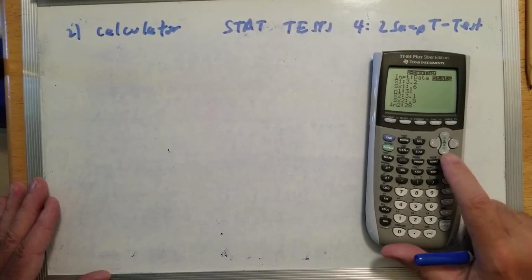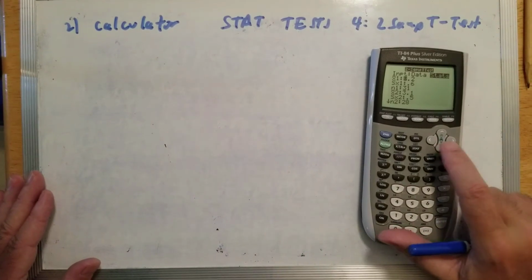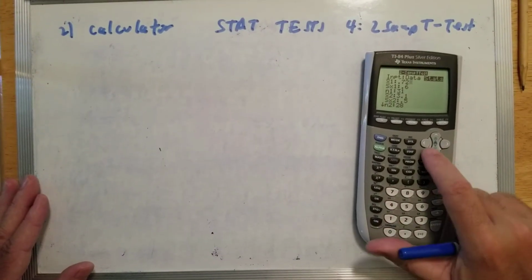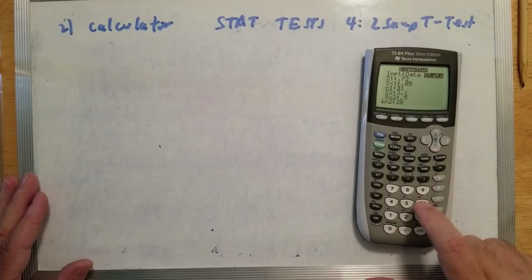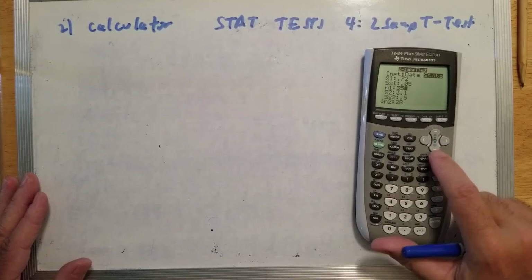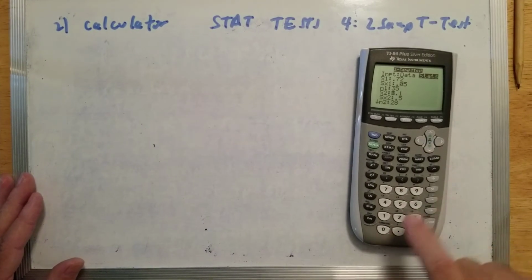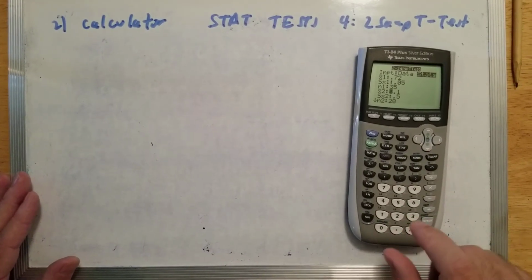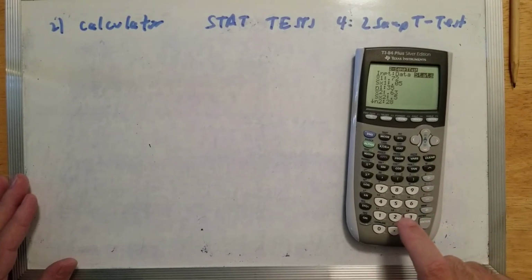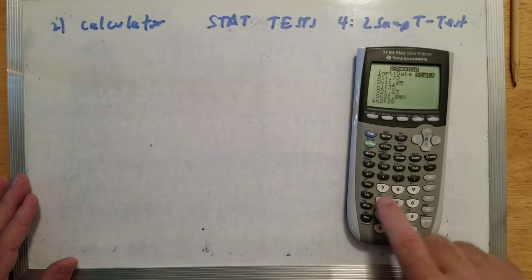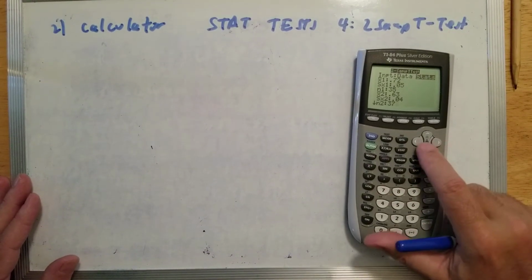The first mean is the mean weight of the ants, which is 0.72. The first standard deviation is 0.05. The first sample size is 35. Then the second mean, which is the mean weight of the gnats, is 0.63. The standard deviation for the gnats is 0.04, and the sample size for the gnats is 37.